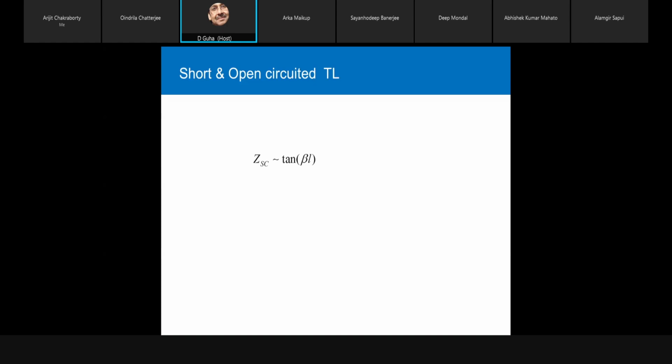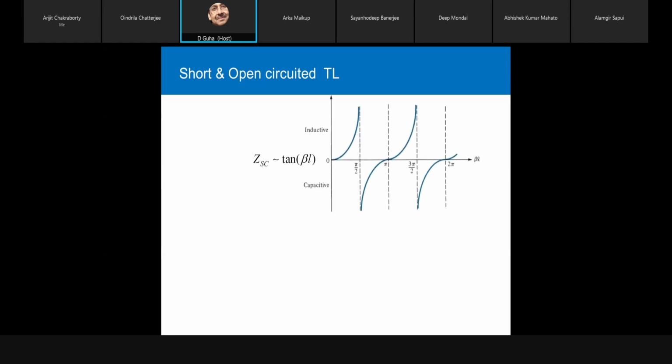Short circuited input impedance varies as tan beta L, and the variation looks like this. Against beta L or L, if you write it L, it will be lambda by 4, 2 lambda by 4, 3 lambda by 4.